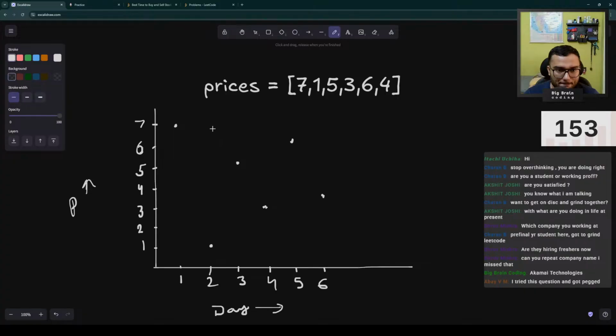So the raw dog formula of this is to just calculate cost price from here and calculate selling price from here and then subtract. Is it? I don't know.